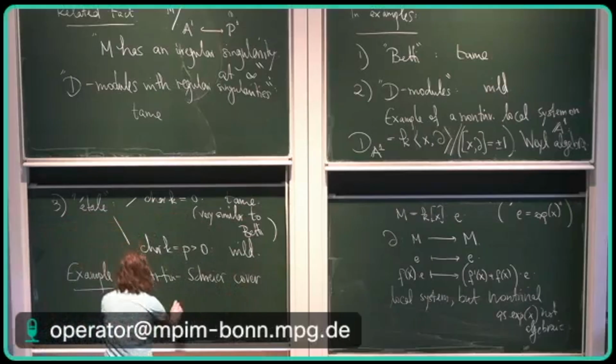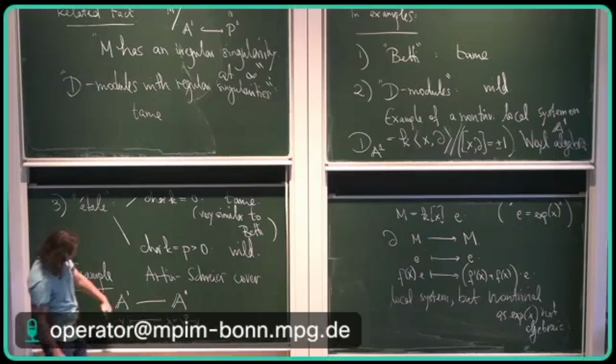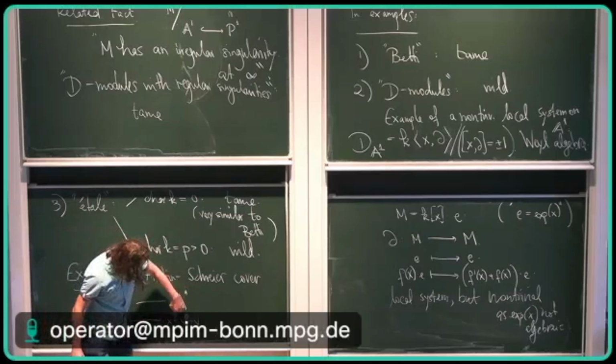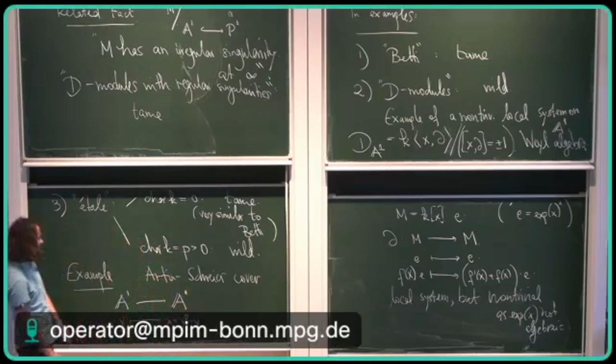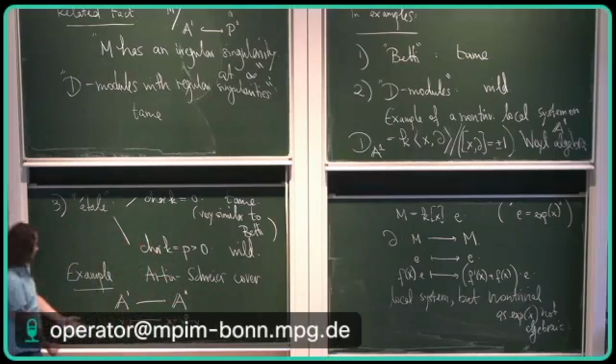Instead, you can find this cover of A1 by itself, where it sends y to x, which is y to the p minus y. To check that this is etale, you somehow have to check that there are no common zeros of the function and its derivative. But if you take the derivative of this function, then there's a factor of p coming up front, and p is equal to 0 in our base. And so the derivative of this function is actually identically minus 1. And so in particular, there can be no zeros of the differential, and hence it's everywhere etale.